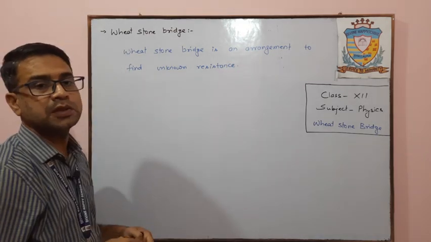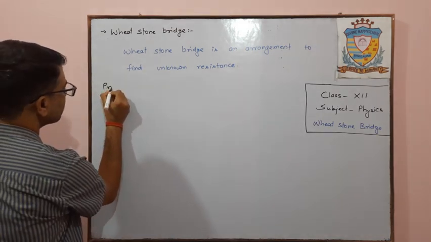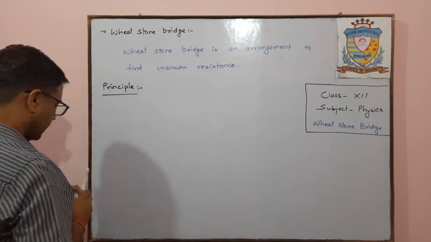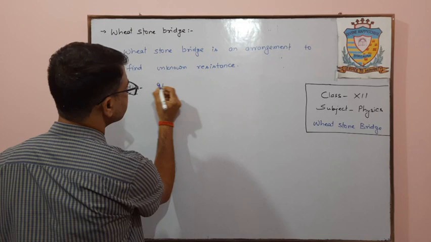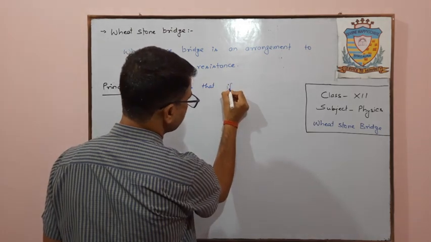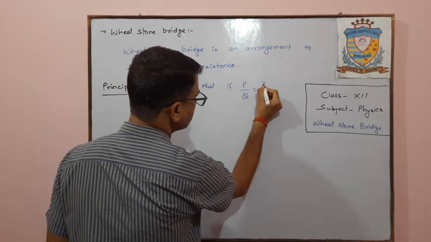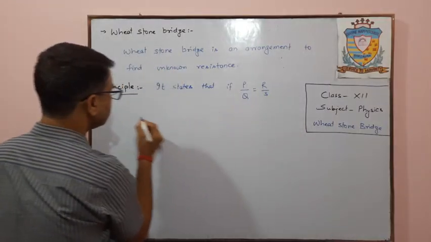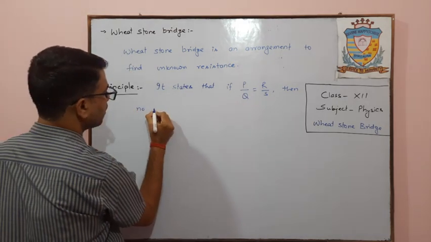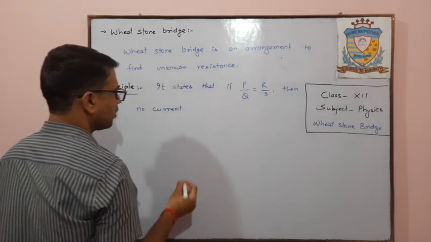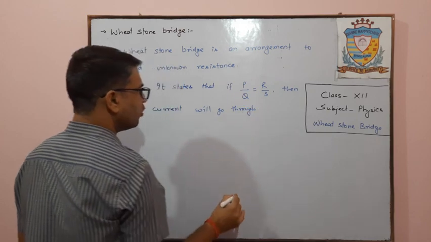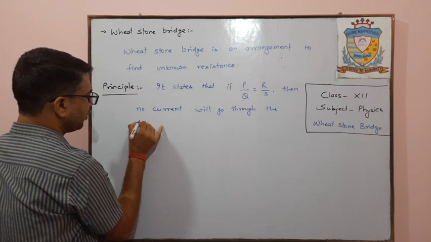Next is principle. On which principle does it work? It states that if P by Q is equal to R by S, then no current will go through the galvanometer.